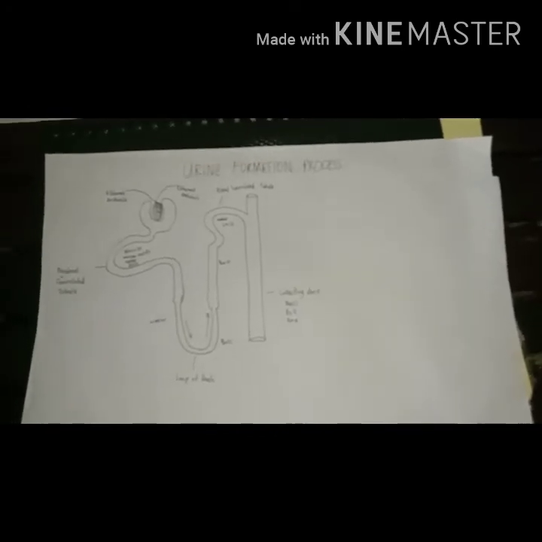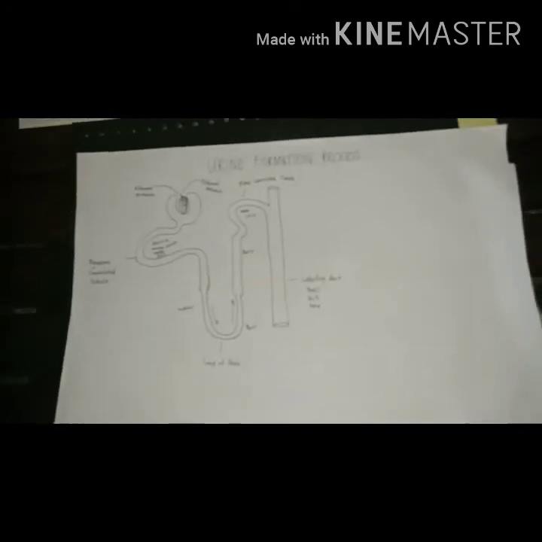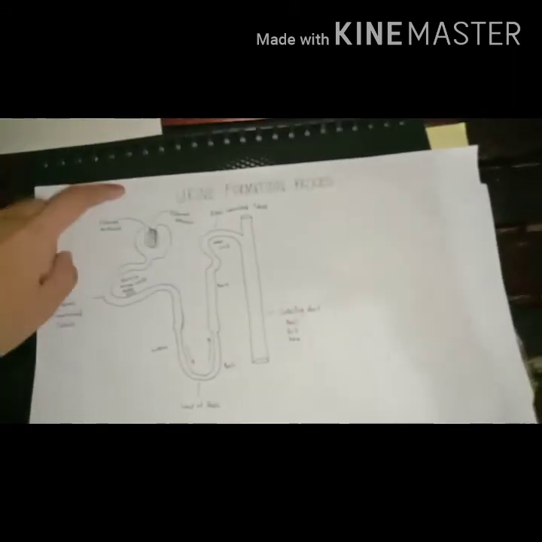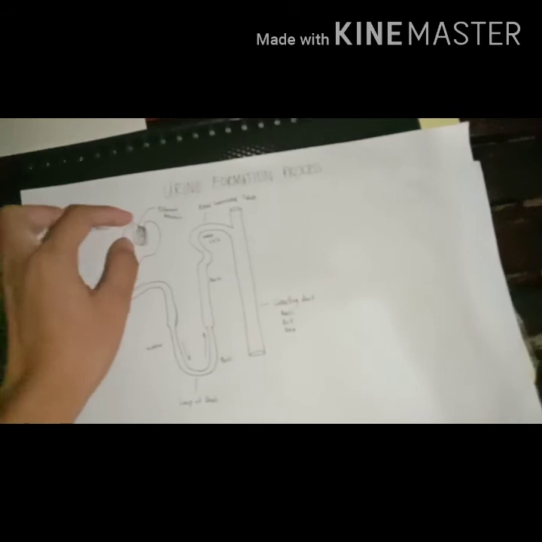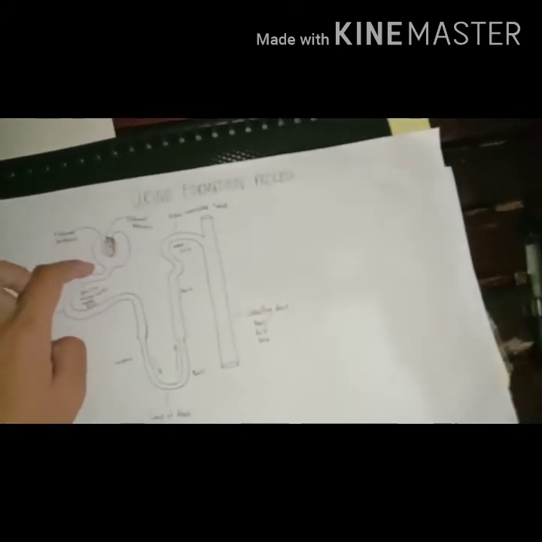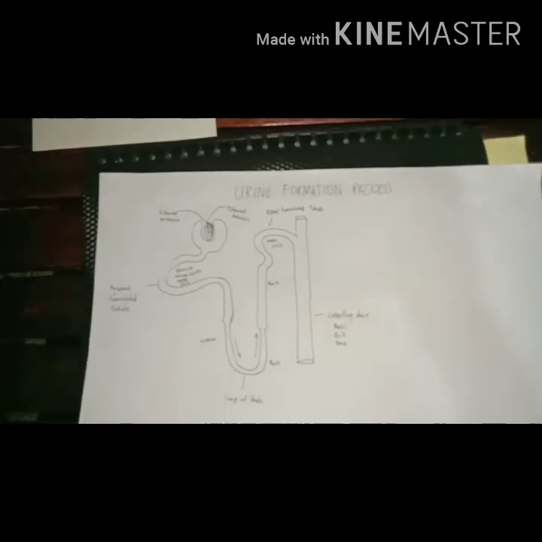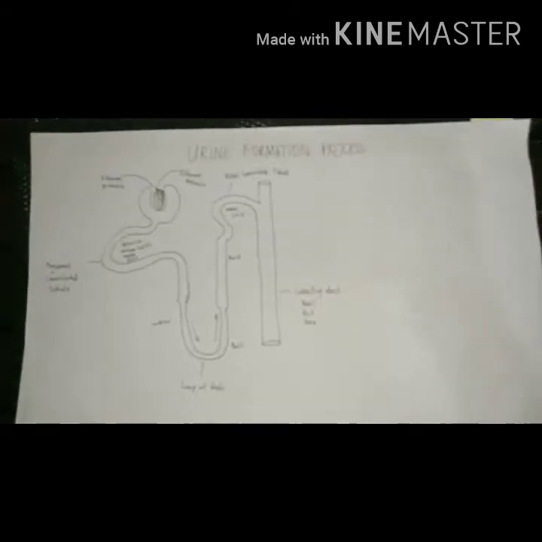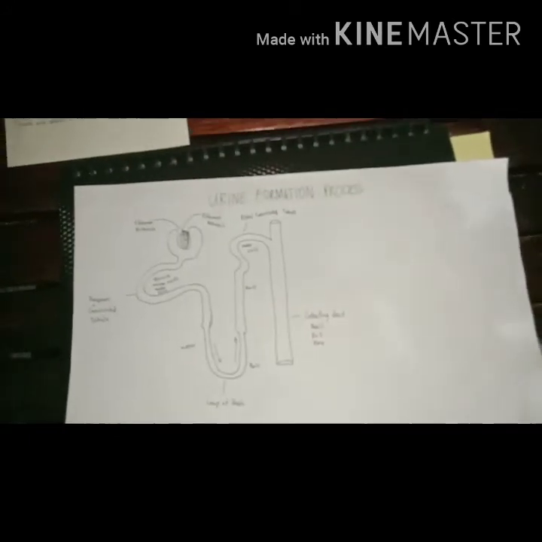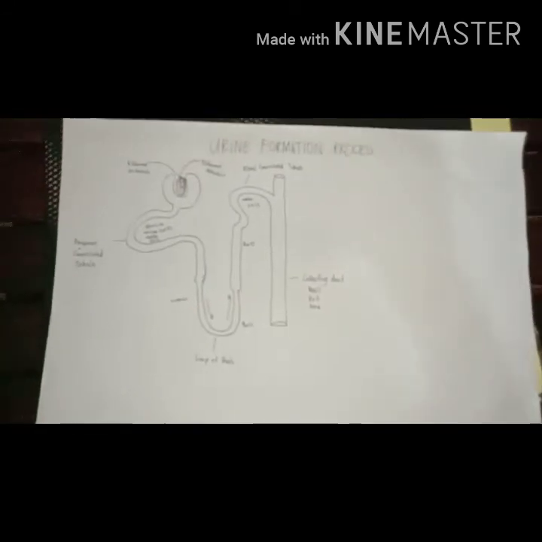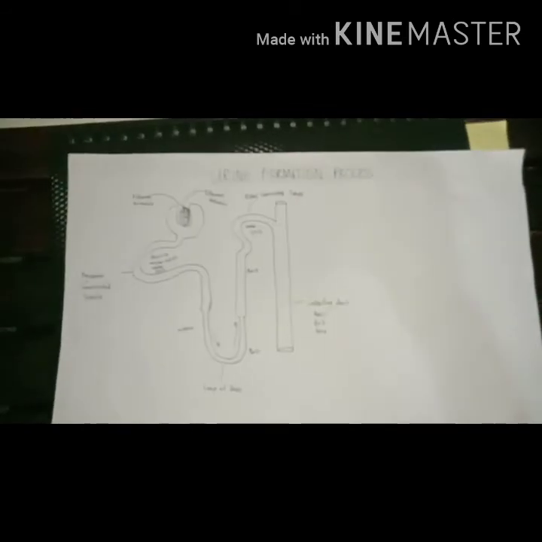First is the filtration, which happens in the Bowman's capsule. Filtration is the transfer of soluble solutes such as water and waste from the blood into the glomerulus.